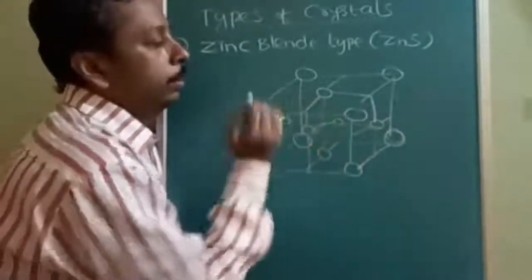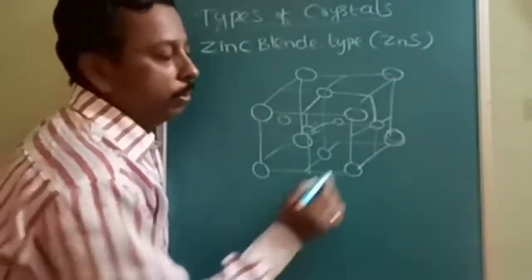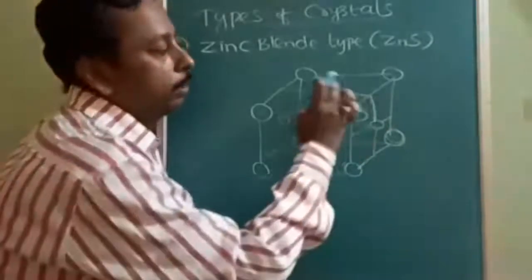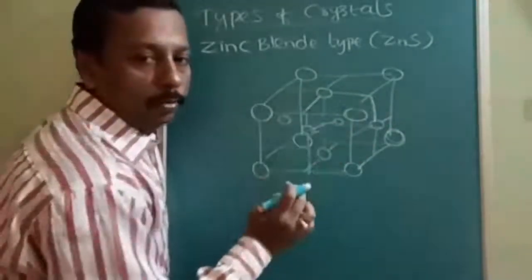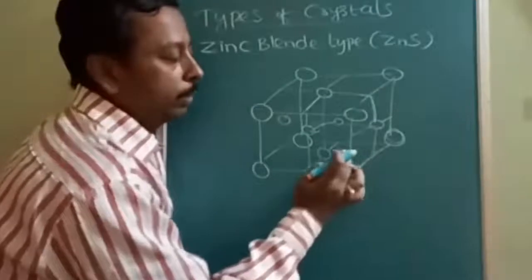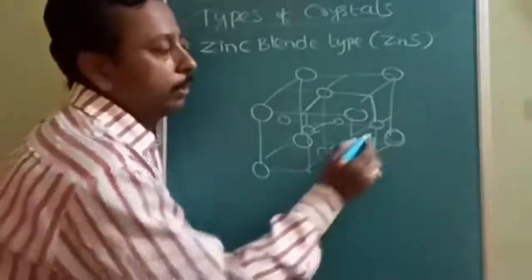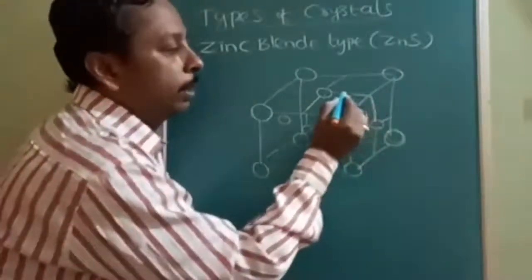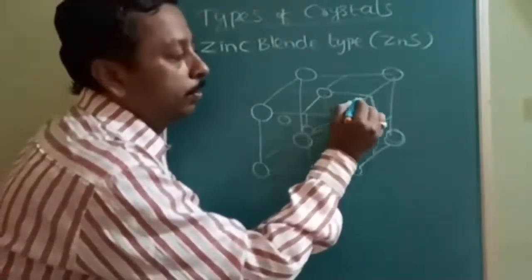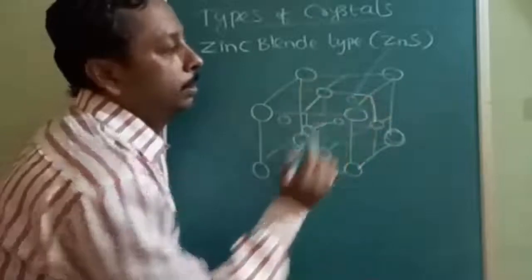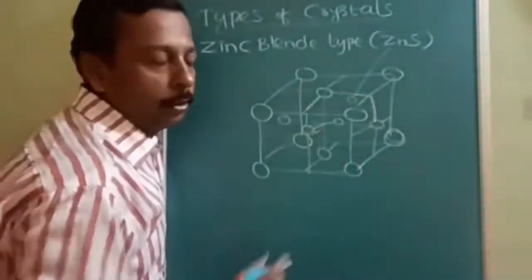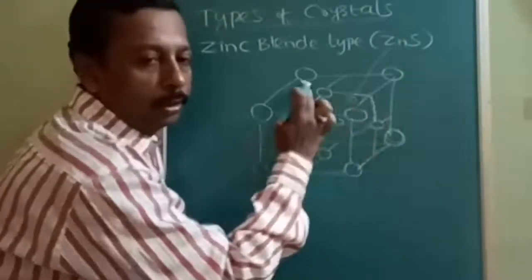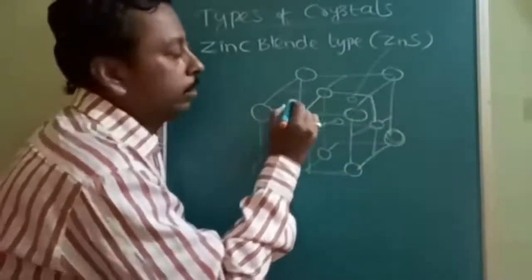How many minor cubes are you able to visualize now? 8 minor cubes: 1, 2, 3, 4 minor cubes on the top and 4 minor cubes at the bottom. These minor cubes have body centers. This is a minor cube, and its body center is occupied by Zn2 plus. But this minor cube will not have it, and this minor cube will have it.